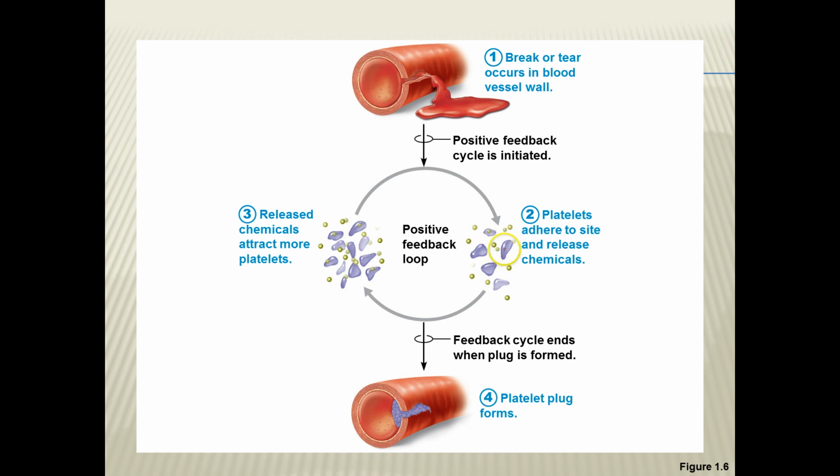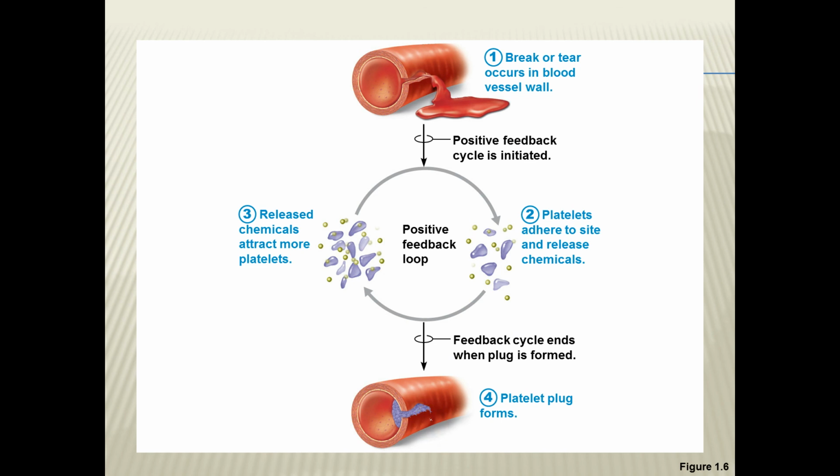And so what they do is platelets, when you have a tear in a blood vessel like this, they stick to that tear. So a few of them do at first, and then they release chemicals. These little green dots here are supposed to be chemical signals that they're releasing, and those chemical signals attract more platelets, and then those platelets release chemicals to attract even more and more until eventually you have what's called a platelet plug sealing off that tear.